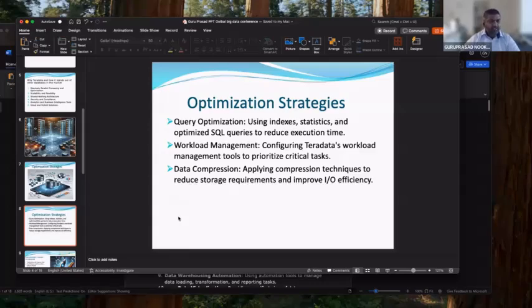And data compression is a technique that is applied on the data to compress the data in order to reduce the storage and improve the input output efficiency. Like let's say for an example, in any column, if you have a very minimal number of unique values, then you can compress those values, storing them in the table header.